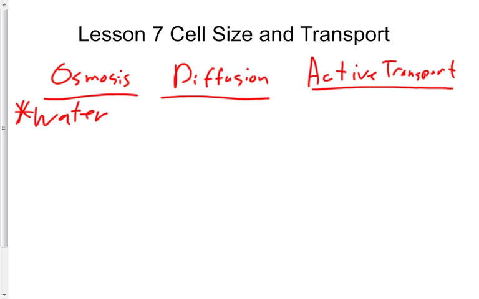Now Kean also mentioned it moves from high to low. To some extent, yes, but it's moving across what in osmosis? Not across the cell, but across the membrane. It's water moving across the membrane.